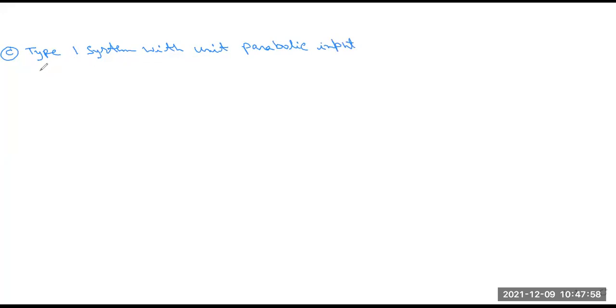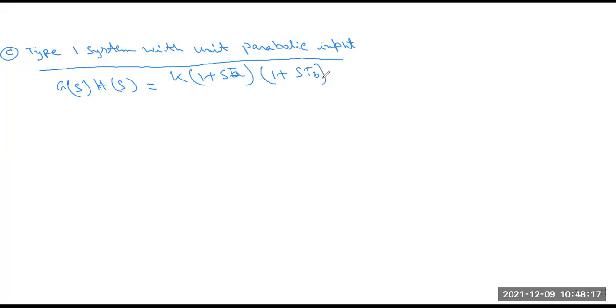The same transfer function, G(s)H(s), equals K into (1 plus sTA) into (1 plus sTB) and so on, in the numerator, and the denominator part is s into (1 plus sT1) into (1 plus sT2) and so on.